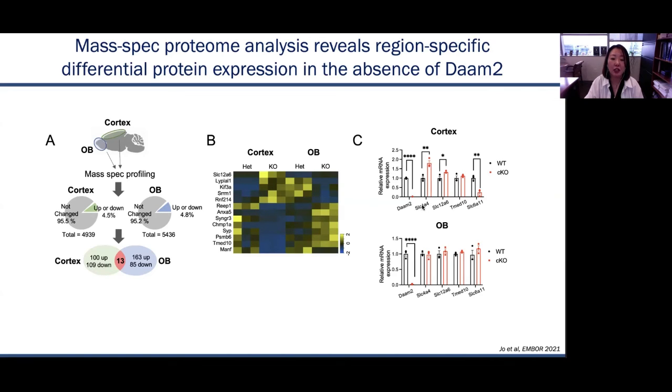For example, SLC4A4, which is a pH channel specifically expressed in astrocyte. This gene's function is very specific to cortex. However, in olfactory bulb or cerebellum, the function of SLC4A4 is not really established. So that's kind of how we do the study.